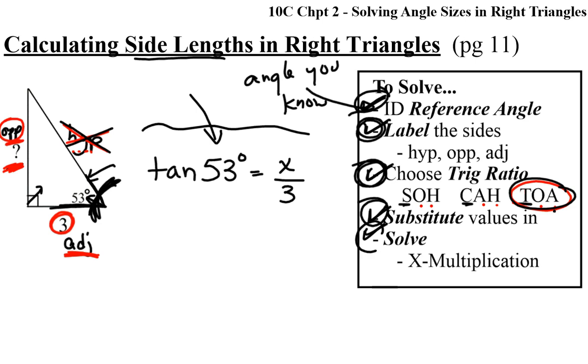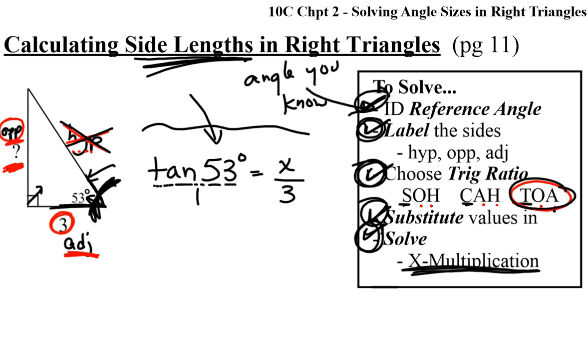And now we solve. Now, solving for a side length is cross multiplication. We don't have a proportion quite yet, but I can take my tan 53, set it over 1, and now I can cross multiply.